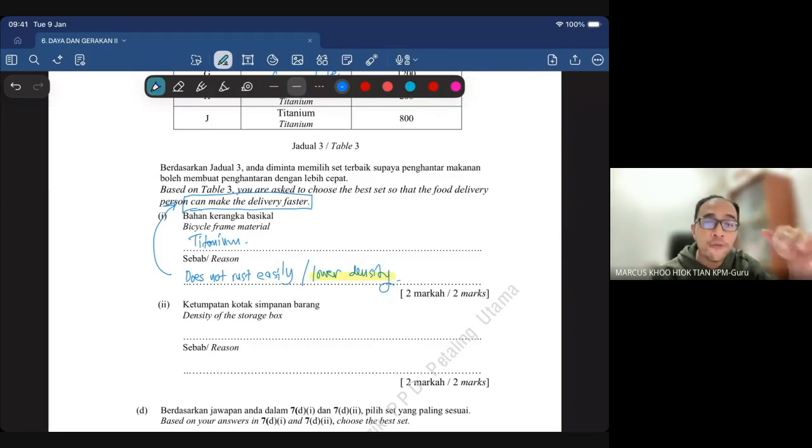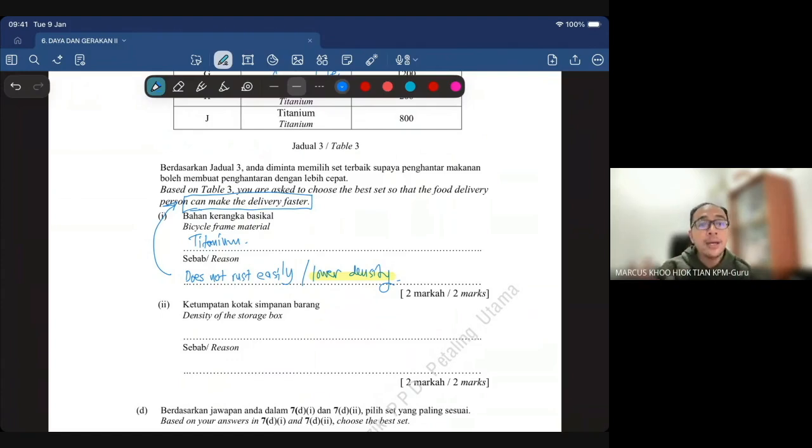Because the question is asking for you wanted to make delivery faster. So what if the bicycle rusts easily? As long as it can perform. But I think it's a good thing to know that, if you're going to answer titanium, one of the possible answers is does not rust easily.